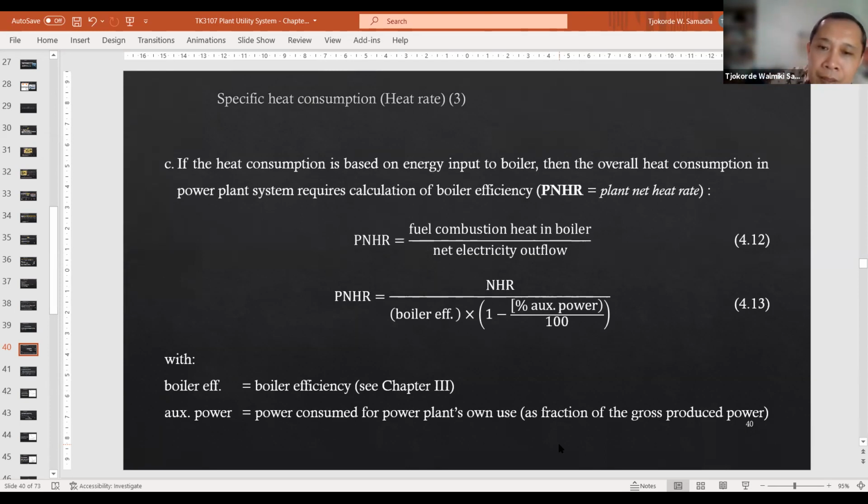Jadi yang namanya produksi listrik neto itu adalah yang diproduksi di luar kebutuhan pabrik sendiri, di luar kebutuhan power plant ini sendiri. Nah, tentu saja diharapkan yang bisa diekspor keluar ini jauh lebih besar daripada yang dipakai oleh power plant. Otherwise, it's not a power plant.